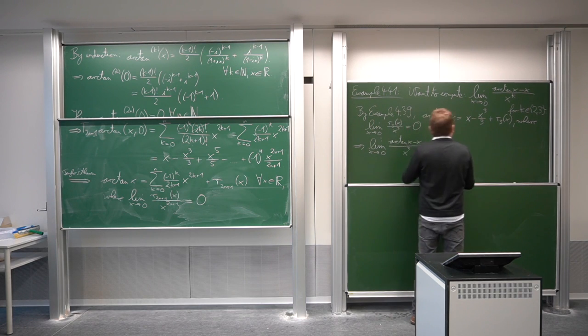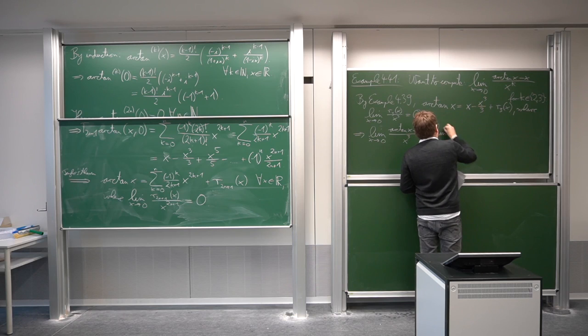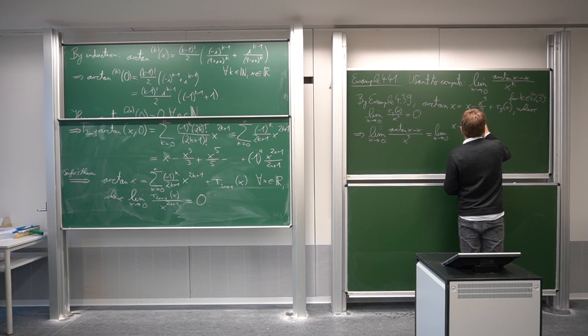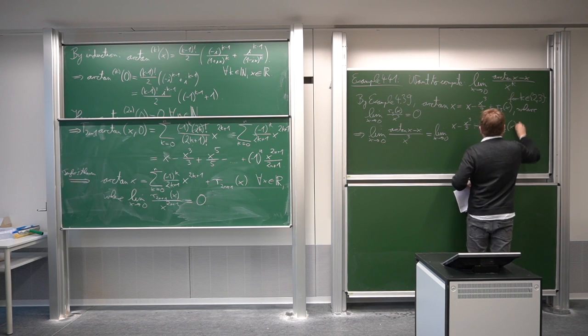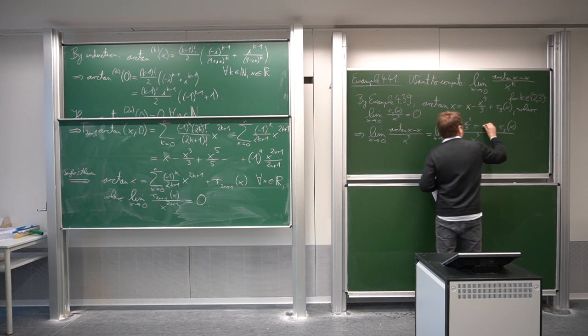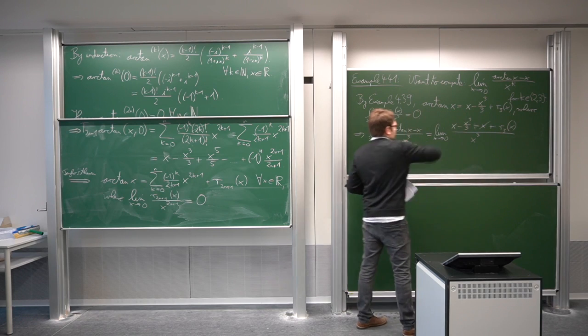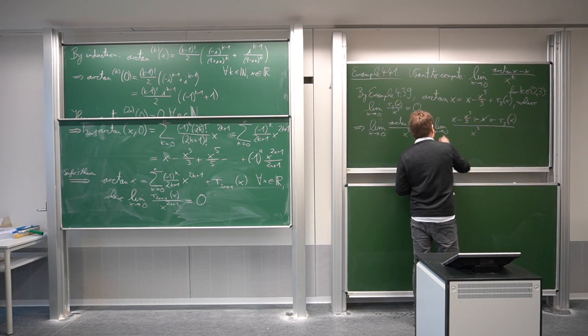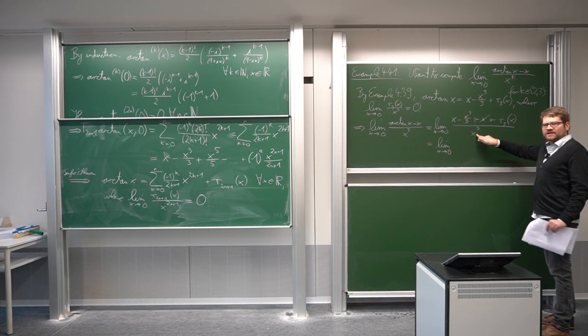By this formula, this is the same as the limit of x going to 0 of (x minus x^3 divided by 3 minus x plus the remainder), I just reordered the terms here, and this divided by x to the power of 3. Now we see that the x and the minus x precisely cancel each other out. So we get that this is the same as the limit x going to 0, and now we have minus x^3 divided by x^3.